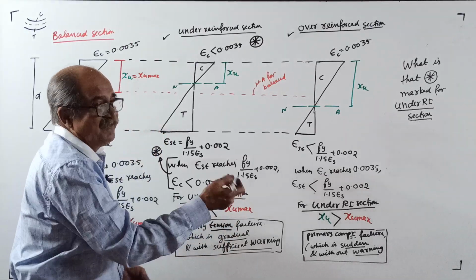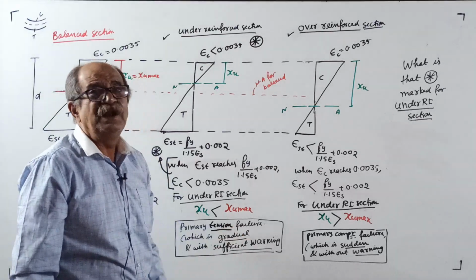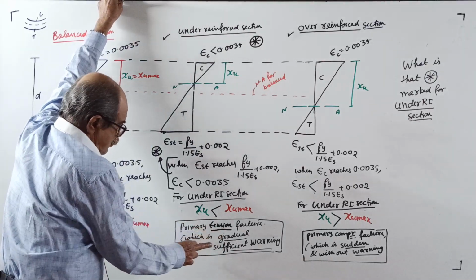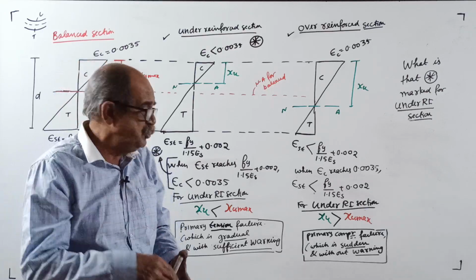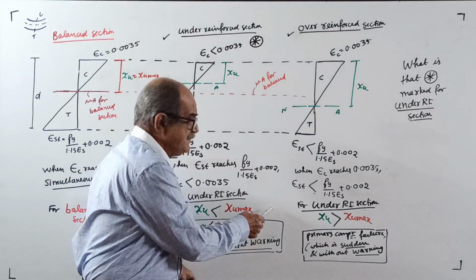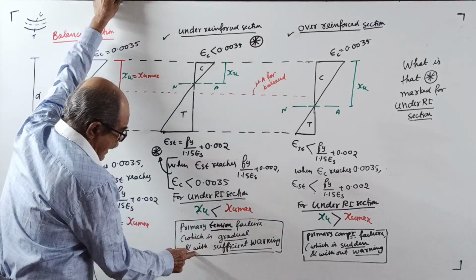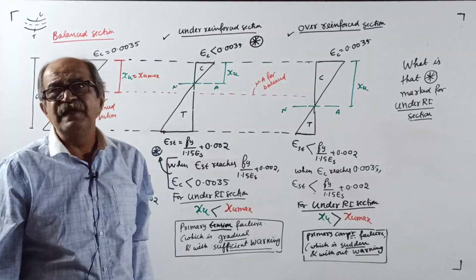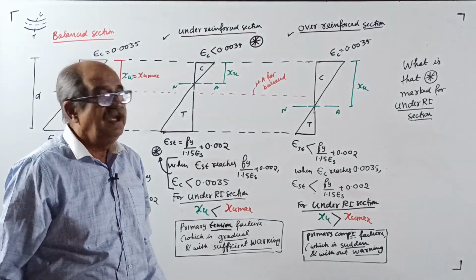Primary tension failure, you can write, is somewhat ductile failure. You can make a note. Some people refer to it as ductile failure, which is gradual and with sufficient warning. It will not fail suddenly. Gradual, slowly, and with sufficient warning.